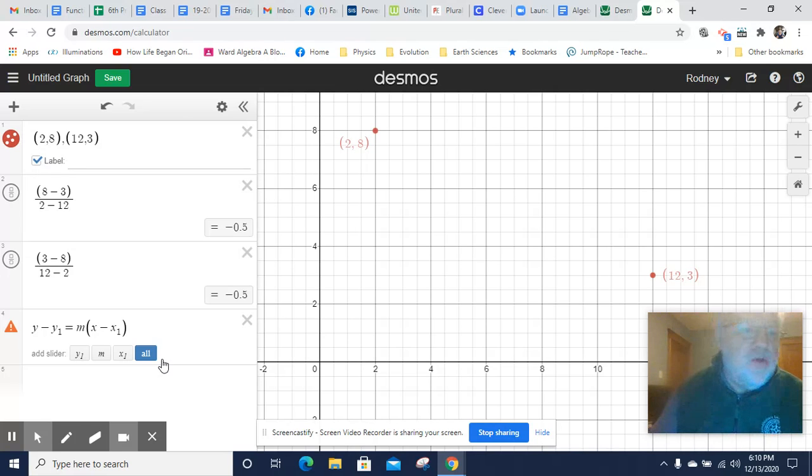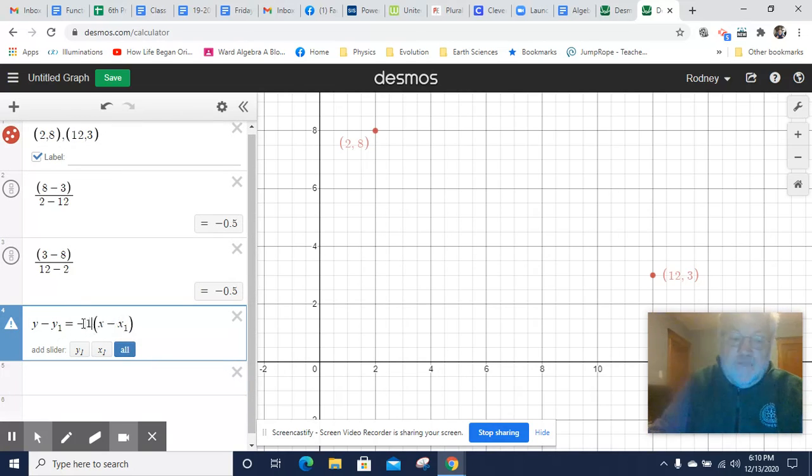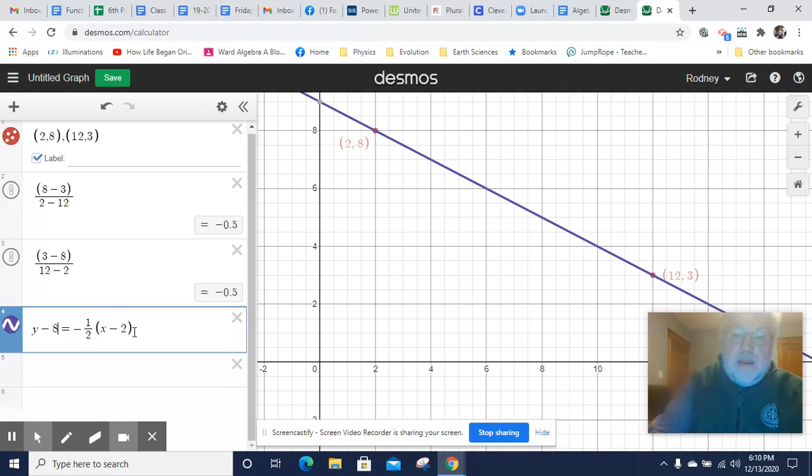And assuming you did pause and you tested it out, you could have replaced this m with -1/2 or -0.5 if you prefer. And then you could have replaced x1 and y1 with the 2 and the 8. And there you have a line that goes through both points.